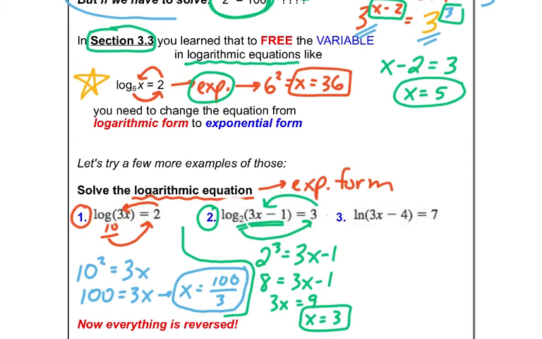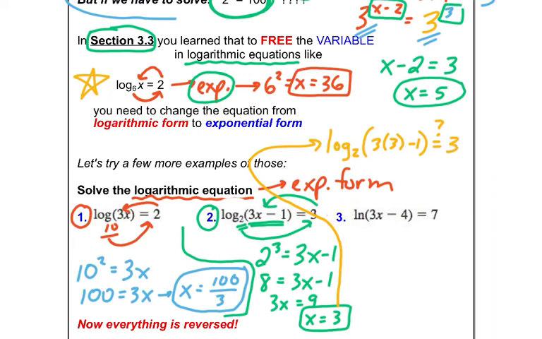And there you go. Now, this is algebra, so we could actually go back and double check our answers. Ready? Here's what we can do. Let's plug the 3 back into the original equation. Log base 2 of 3 times 3 minus 1. Does that equal 3 on the right-hand side?